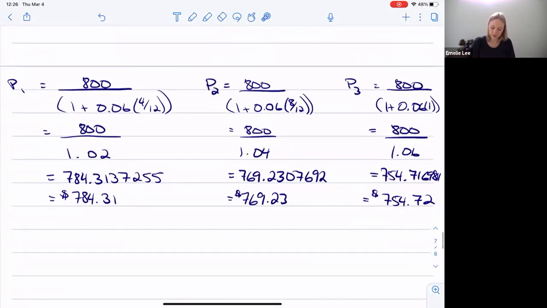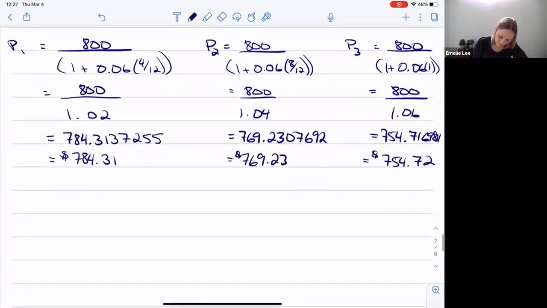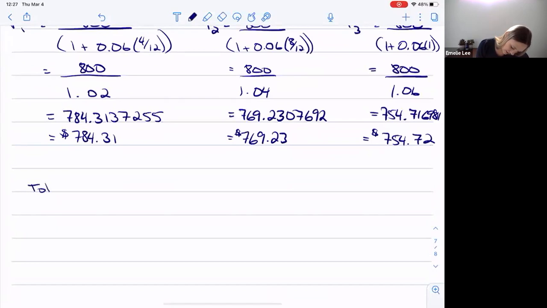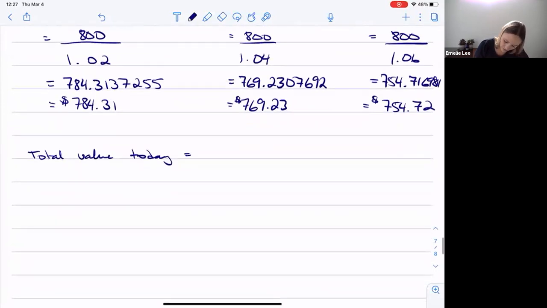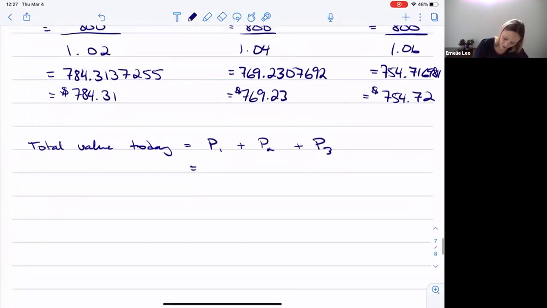Okay. So now we've been able to find what each of these are valued at today, right? So the total value today is going to be all of these added together. So the total value today is P1 plus P2 plus P3, which I can just grab from up above here.